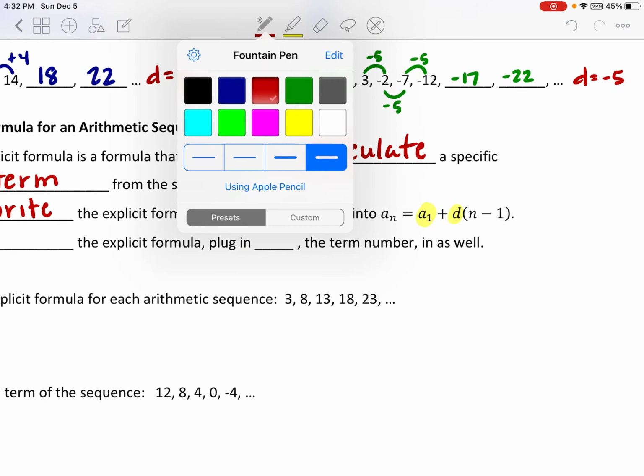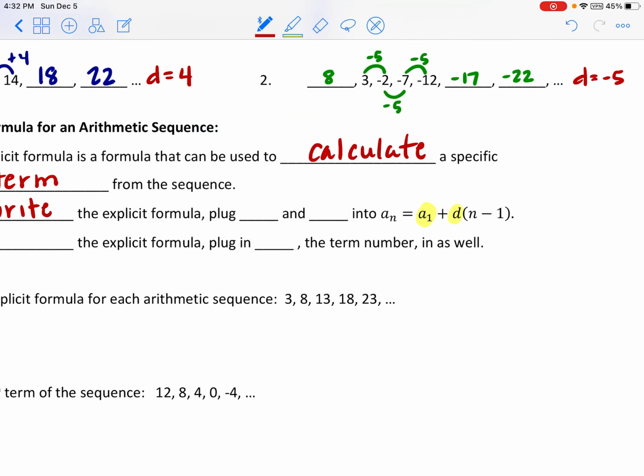So we need to know a sub 1 and we need to know d. And a sub 1 just represents the first term on the list. So let's make a little note there: that is the first term on the list, which makes sense. If I said a sub 2, that would be the second term. A sub 3 would be the third term. A sub n, which is what we see here, represents any term.